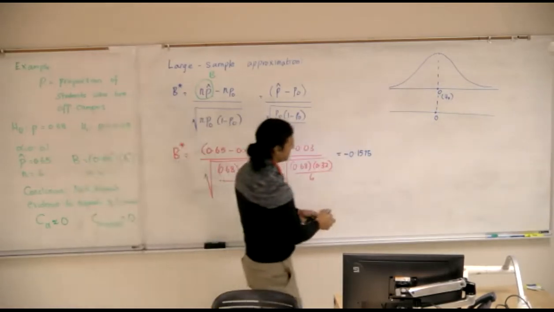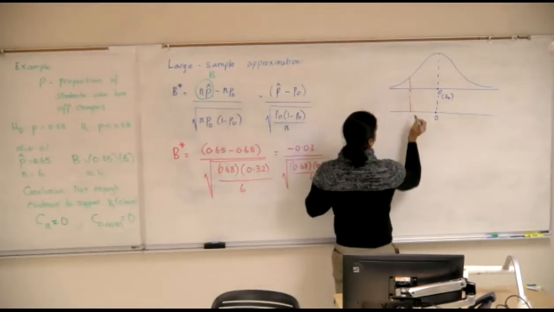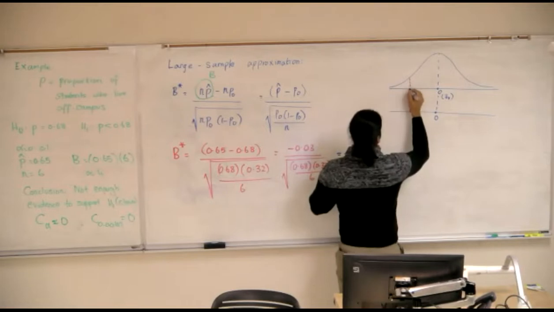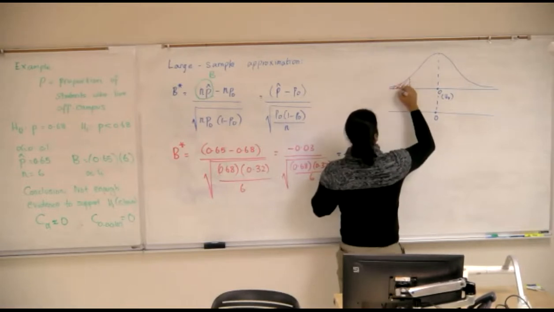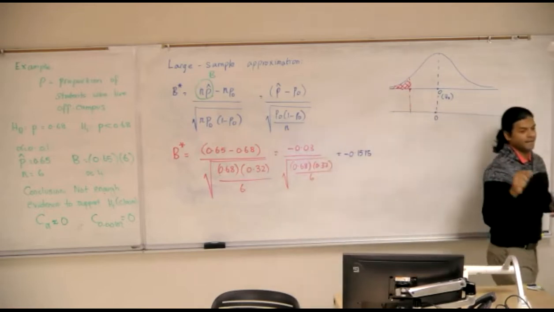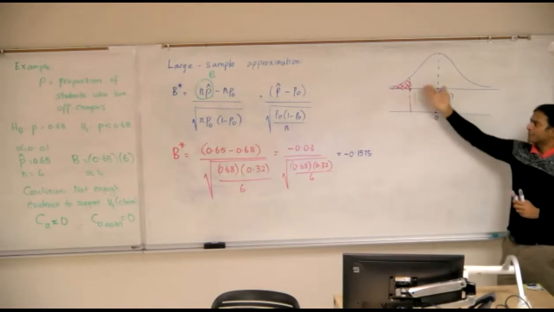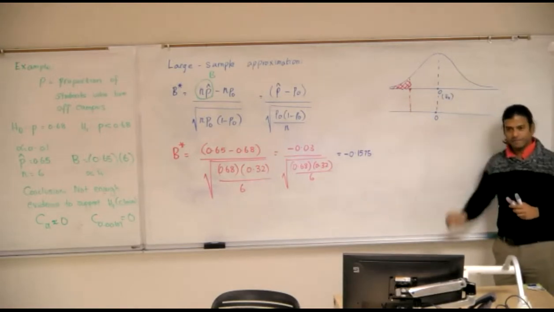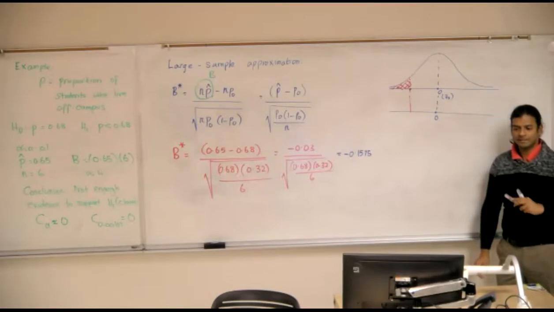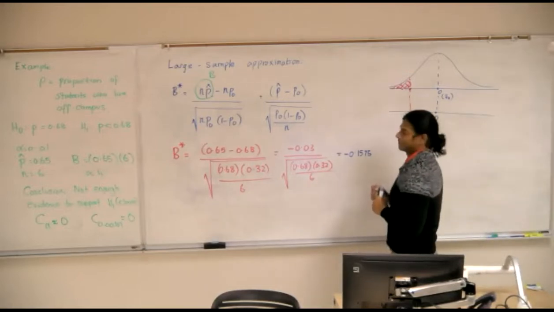Easier way to remember that. So this is a left tail test. And we are going to make use of that area under the curve to find that critical value. What would the area under the curve be? Or what is it?